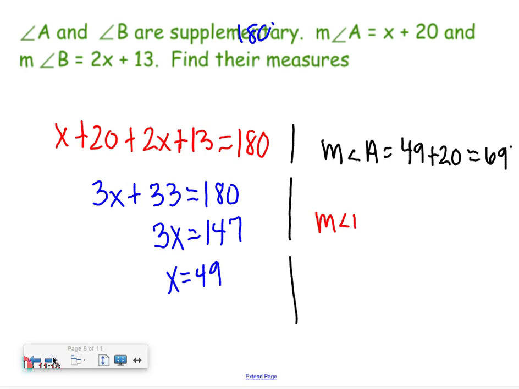Measure of angle B: 2 times 49 plus 13 is approximately what, folks? That makes sense? Sort of.